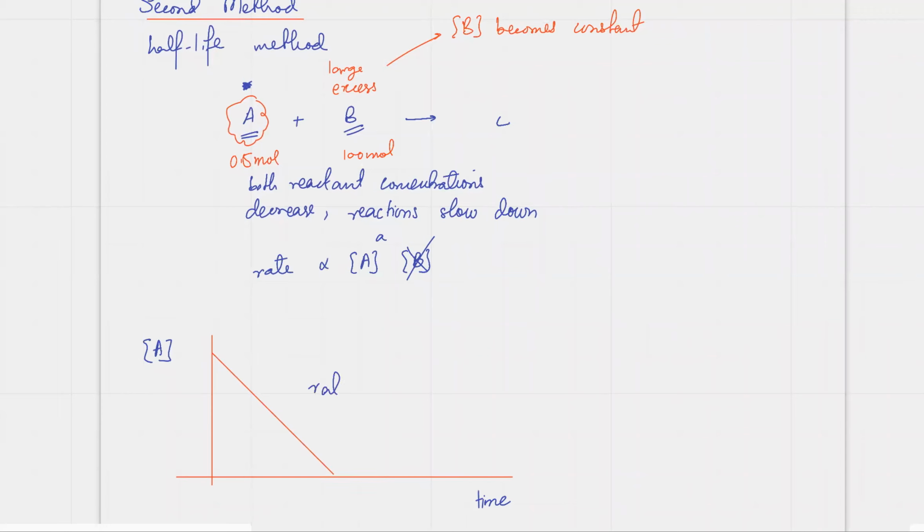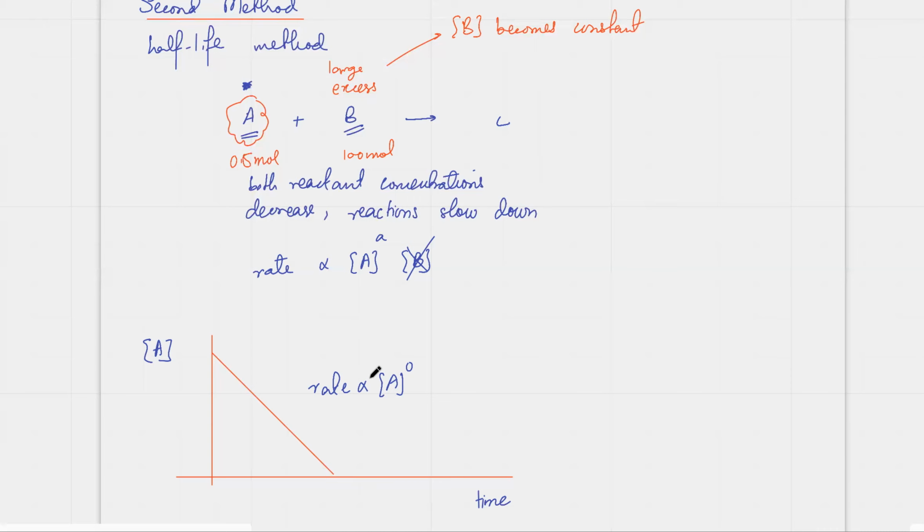If the rate of the reaction is A's concentration to the power 0, remember, A is going to react and eventually get used up. So initially A concentration would be very high, and then when the reaction happens, it slowly goes down and goes to 0 with respect to time.